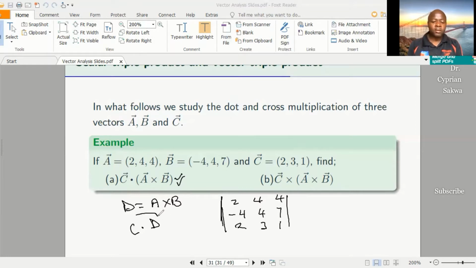This is the method I'll be using. But you can also first find D by getting the cross product, and then find the dot product of C with that solution. But I'll stick to this method.